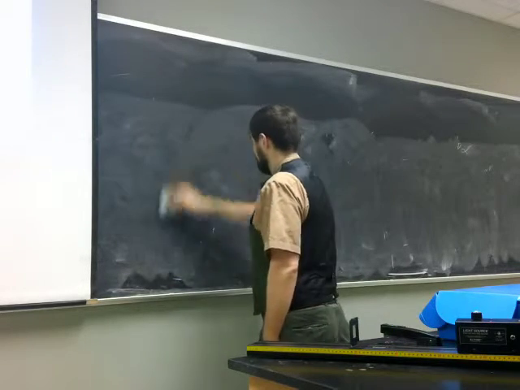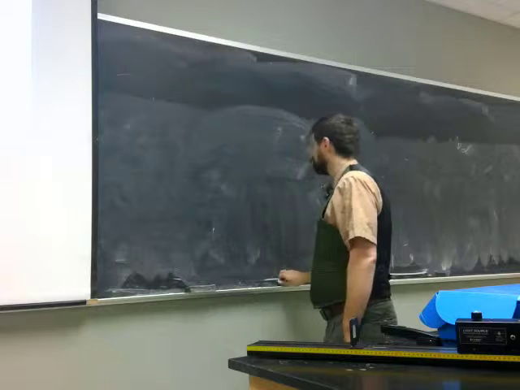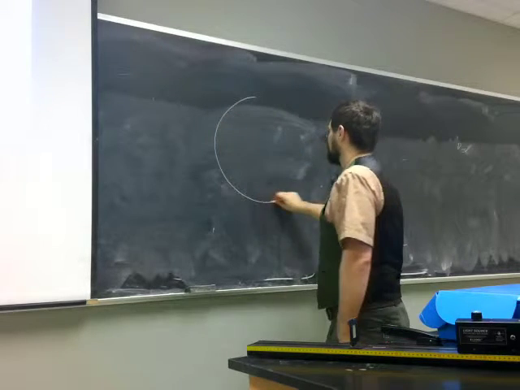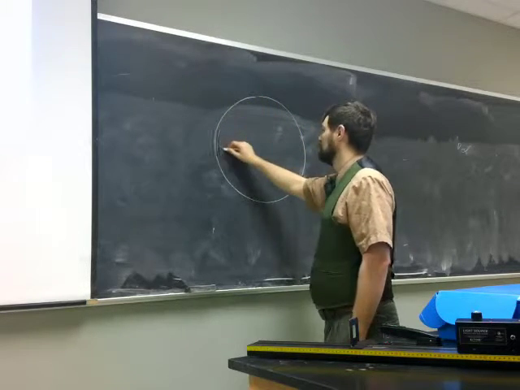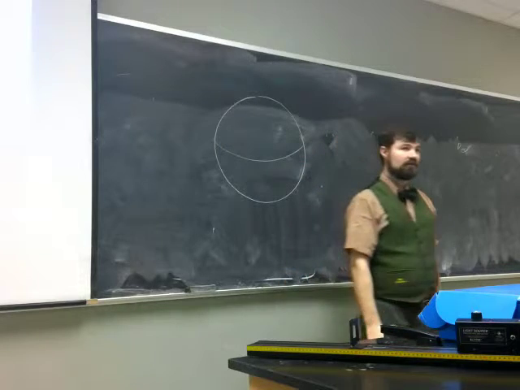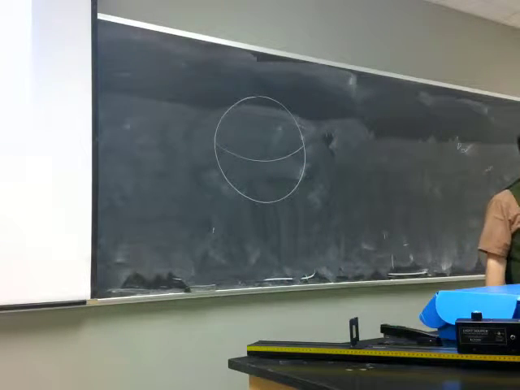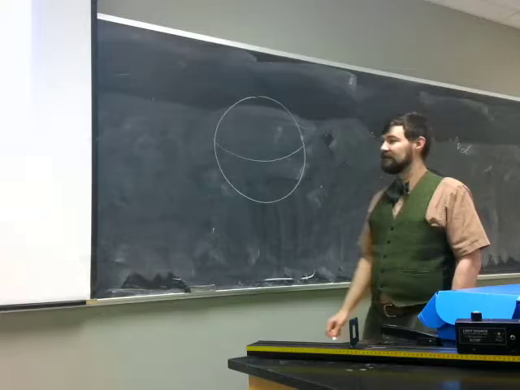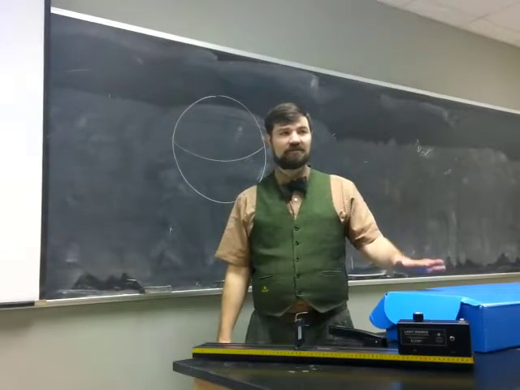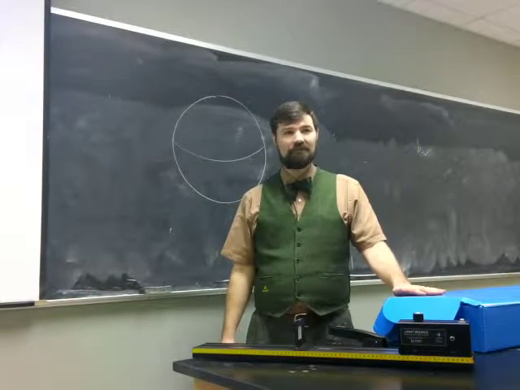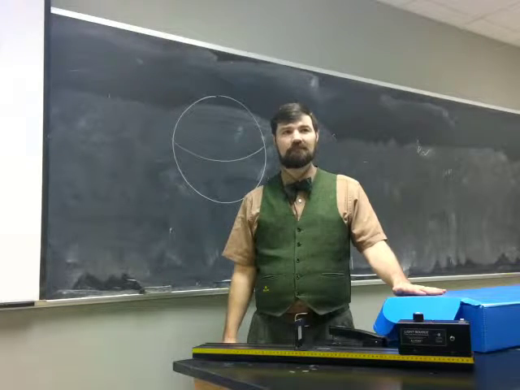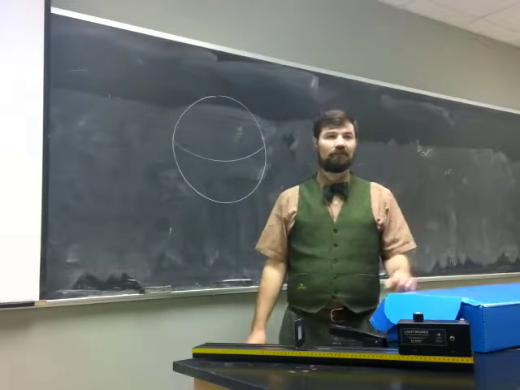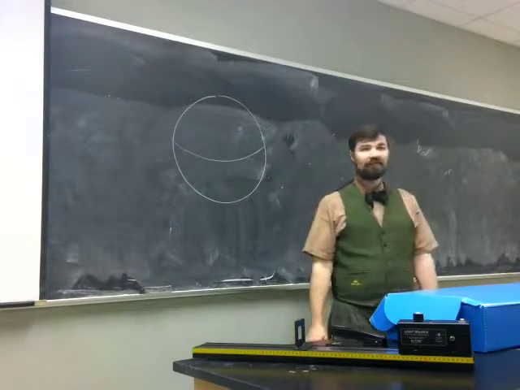Spherical mirror, the basic idea is that you have a sphere of some material and you've coated it with reflecting material like silver or gold or aluminum, depending on your wavelength.